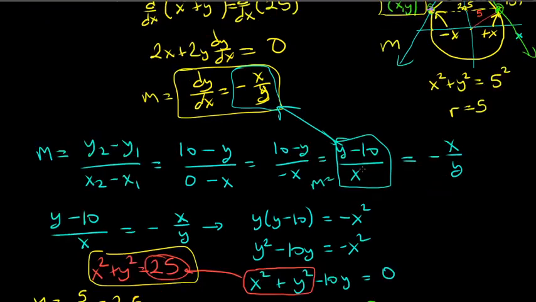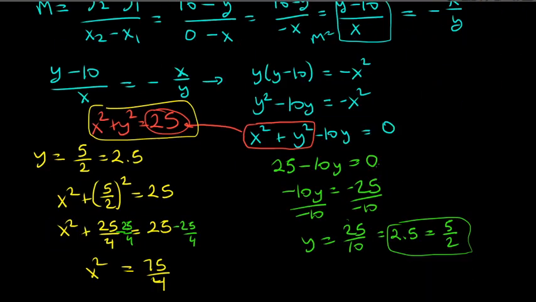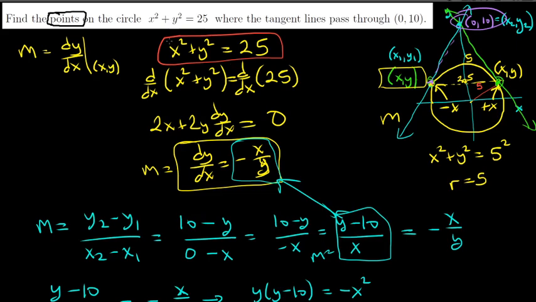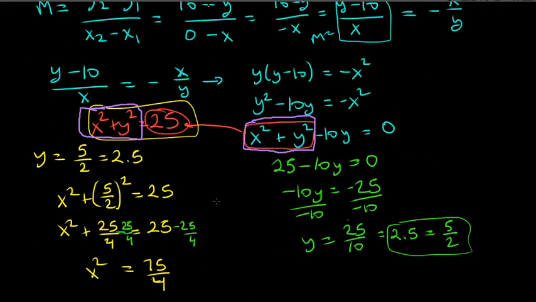And in fact, I almost lost it here. This x squared plus y squared is the same as this x squared plus y squared. And if x squared plus y squared is equal to 25, then I can change this x squared plus y squared to 25, leaving the negative 10y, of course.